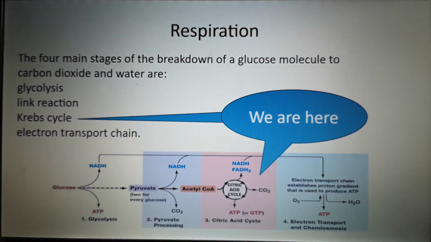Now, before we move on with the Krebs cycle, what we've been doing up until now, and including the Krebs cycle, the whole point of glycolysis and the link reaction and the Krebs cycle is to release the energy from glucose. The way that we are doing that is we are collecting electrons.